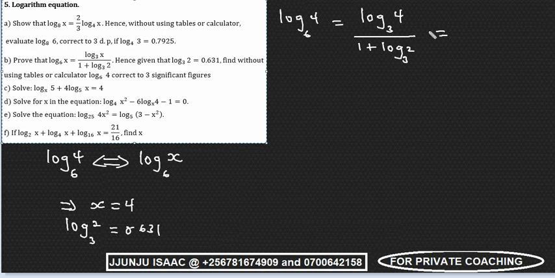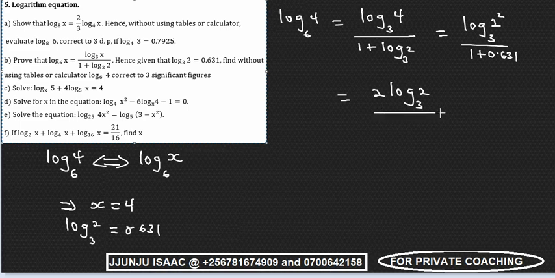But now up there we can write this as log base 3 of 2 squared. Here I want to create the log base 3 of 2. So here I'll be having 1 plus the log base 3 of 2 is 0.631. So now these two can come down, we get 2 log base 3 of 2 over 1 plus 0.631.